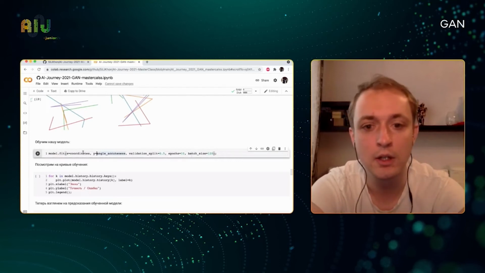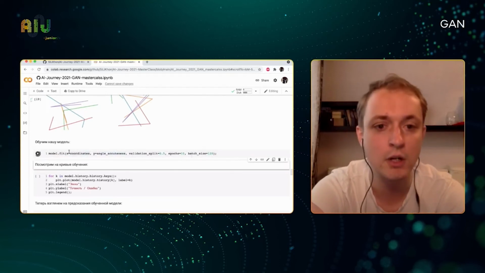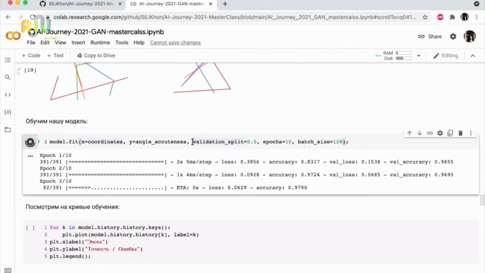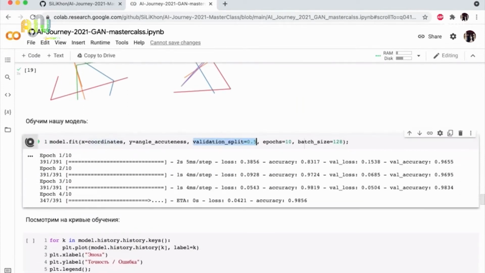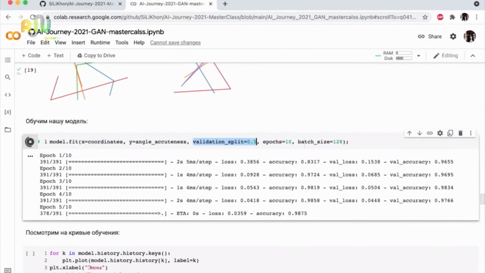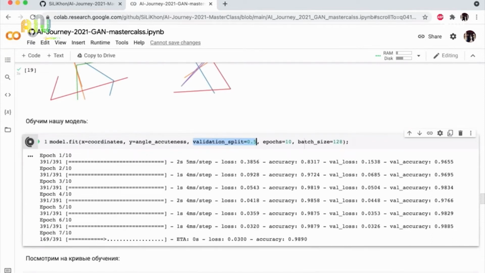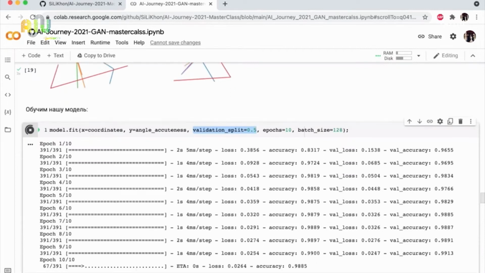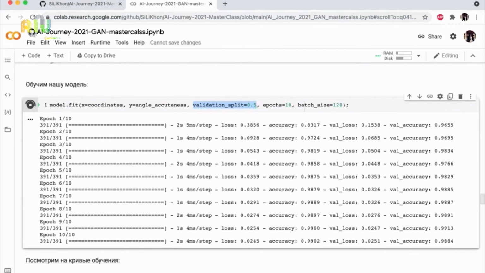Okay, let's now try to train it, so nothing new compared to our previous step. One thing, we added a strange row called a validation split. It's responsible for having the data set divided into two parts, and we will train with some optimization steps looking at just one half of data.